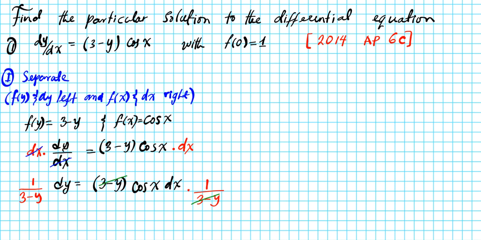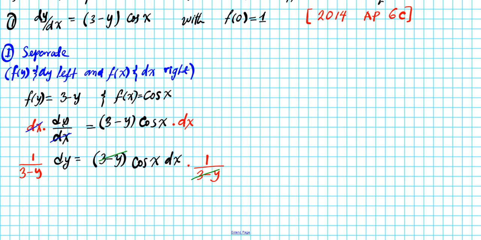And then on the left side, I'm left with 1 over 3 minus y. Let me rewrite this in descending order of degrees. So 1 over (negative y plus 3) dy equals cosine x dx.